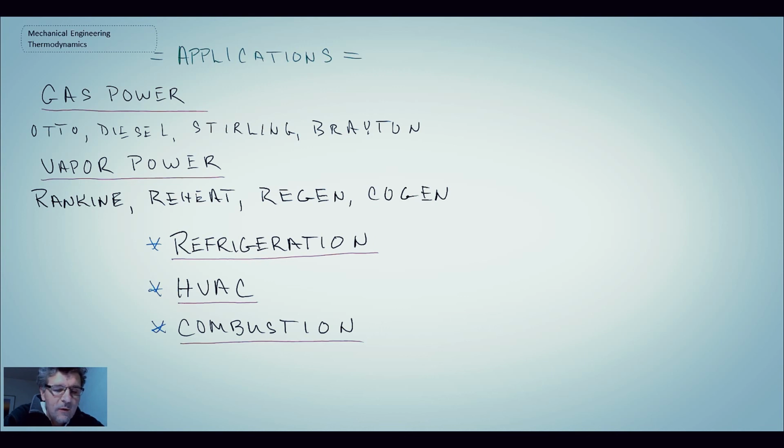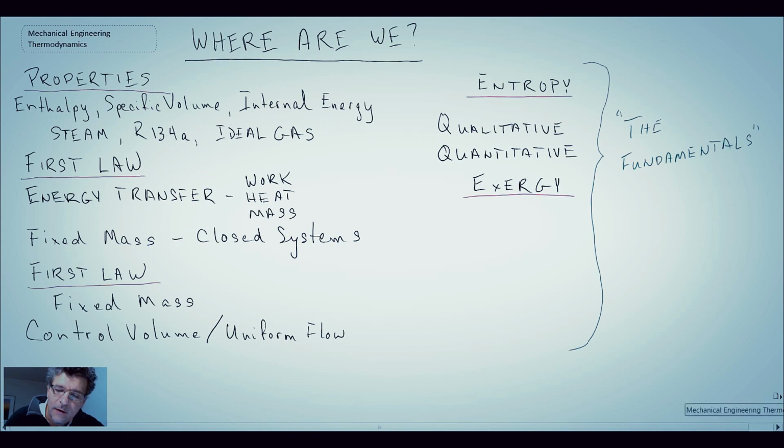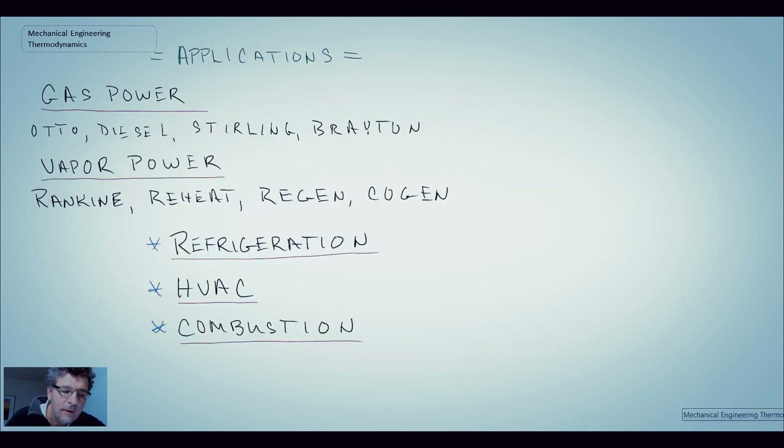That gives you an idea as to where we are in the course. We've covered the fundamentals, looking at properties, the first law, entropy, and exergy, and then we've gone into applications, with a number left. So that concludes the lecture as well as vapor power cycles.